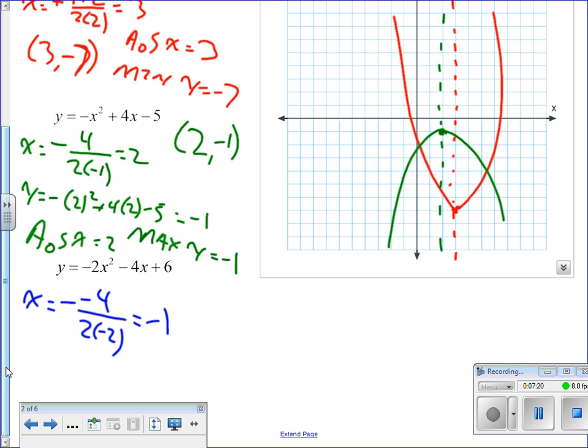So the x-coordinate of my vertex is -1. My y-coordinate, I'm going to roll this up for a minute.